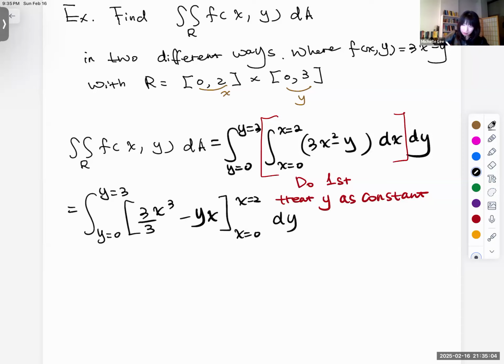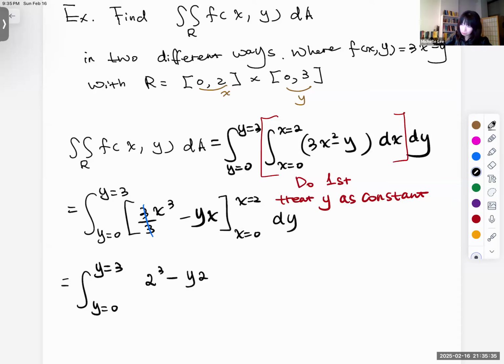And then dy later on. So we have y equals 0 to 3. Okay, we can simplify now. 2 to the third power minus y times 2, and minus 0. Of course 0, so we don't have to do that.